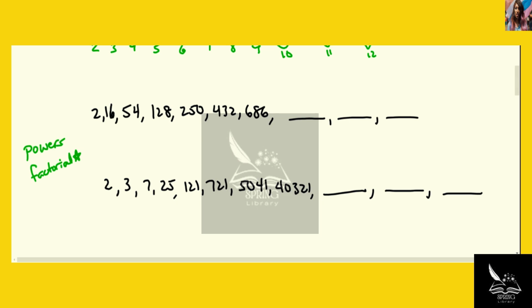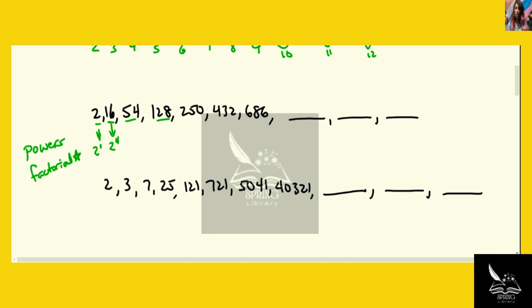Okay, so let's take a look at this one here. 2, 16, 54, 128. Not very clear powers. These are not perfect squares. These are not cubes or anything like that. But what we do have, 16 is 2 to the 4th. 2 is 2 to the 1st.